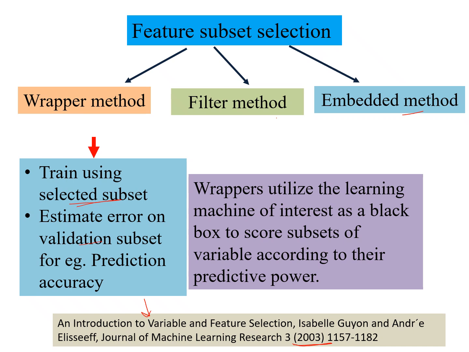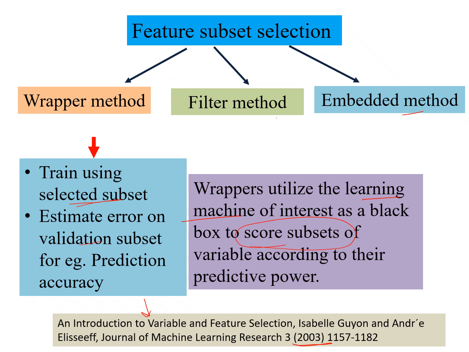That is, we check the prediction accuracy. So they use the machine learning algorithms as a black box to score the subsets. We have different subsets and each is scored by some machine learning algorithm and we pick the best one. So these are the wrapper methods.